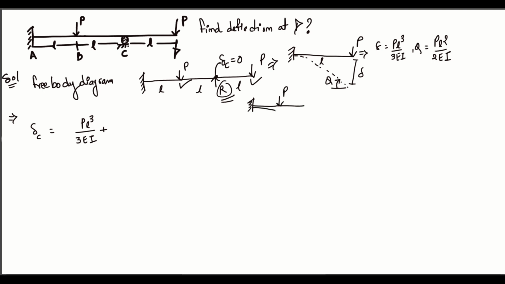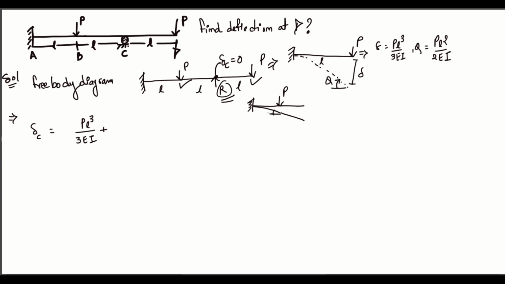suppose like this, there will be a deflection here, and beyond this point the bar will not deflect anymore because there is no bending moment in this zone. So the deflection will be like this, a straight line.